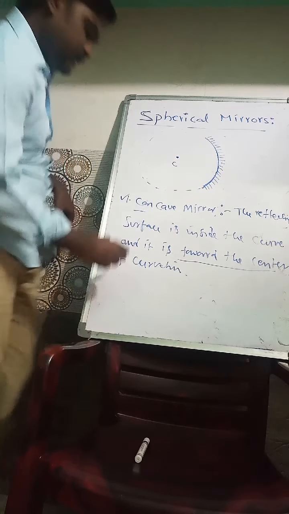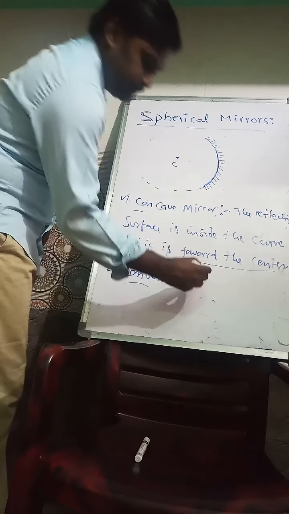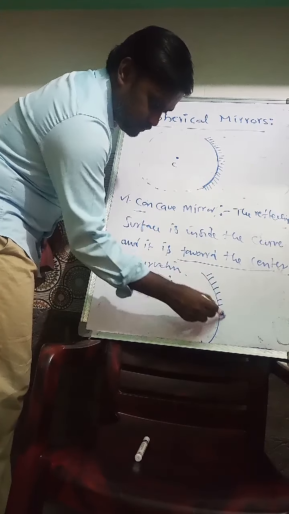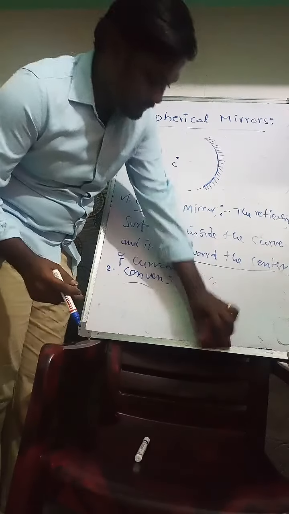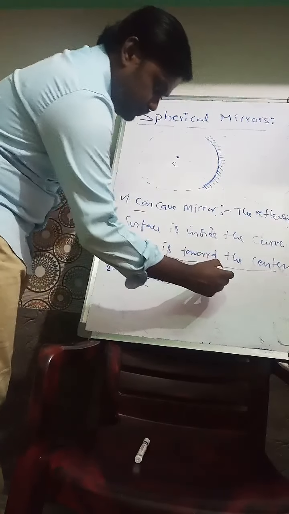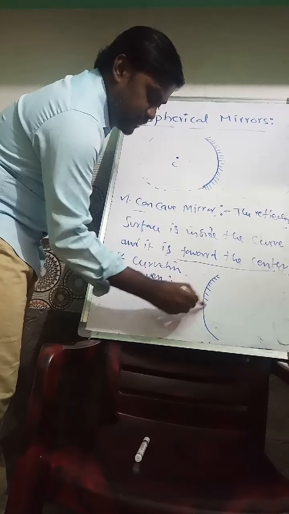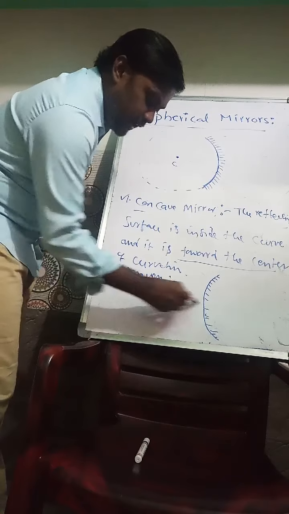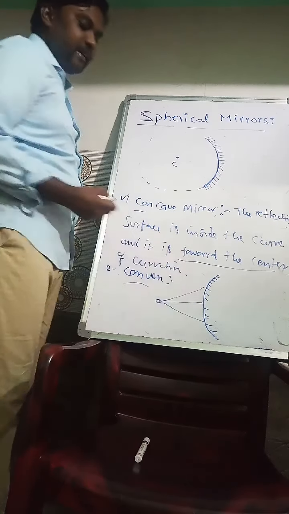The second thing is the convex mirror. Here, inside it is coated, so the object will be here, some light will go and be incident on this, and it will be reflected back.